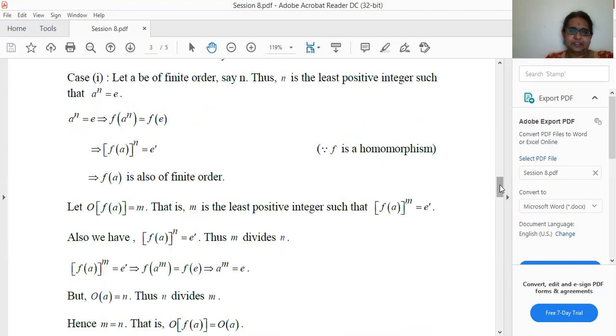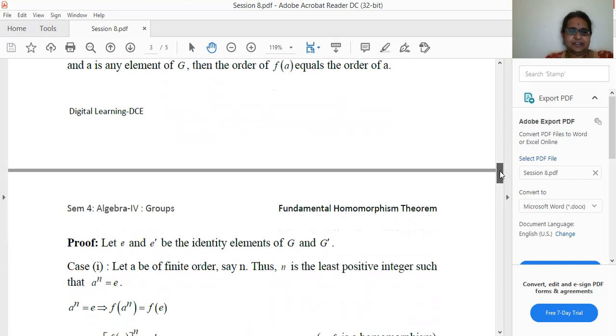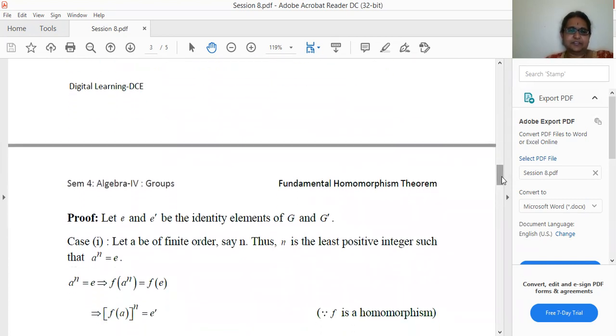To prove this, here we are taking the identity elements of G and G dash. E is the identity element of G, E dash is the identity element of G dash. And here what we are telling is the order of f of a is equal to the order of a. When we talk about order, it can be either finite or infinite. So suppose a is of finite order, say n.